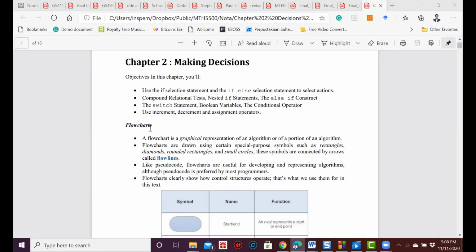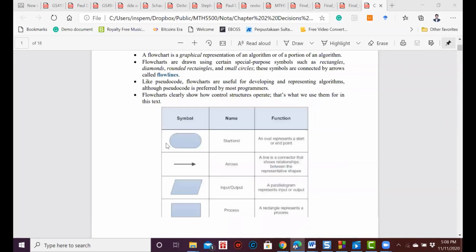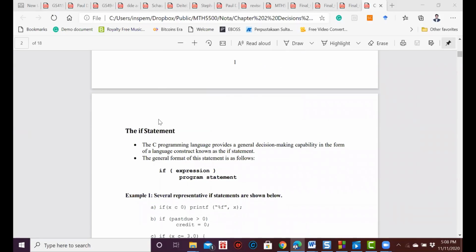For your master's, there are many other things to discuss, and flowchart is not so important at the master level. That's why we remove the flowchart from your syllabus. So we skip this, and then go directly to the if statement.